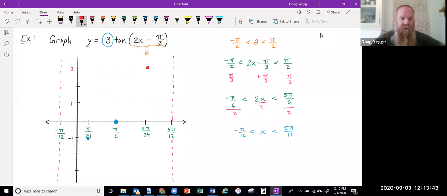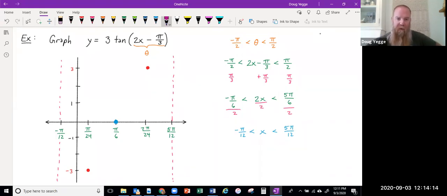While where this value used to be at -1, it's now going to stretch 3 times as tall. -1 times 3 is now going to stretch down to -3. So we don't plot those points at 1 all the time unless the coefficient here happens to be 1. But because we saw that it was 3, we know that that's where we're going to plot the midpoints between the zeros and the asymptotes.